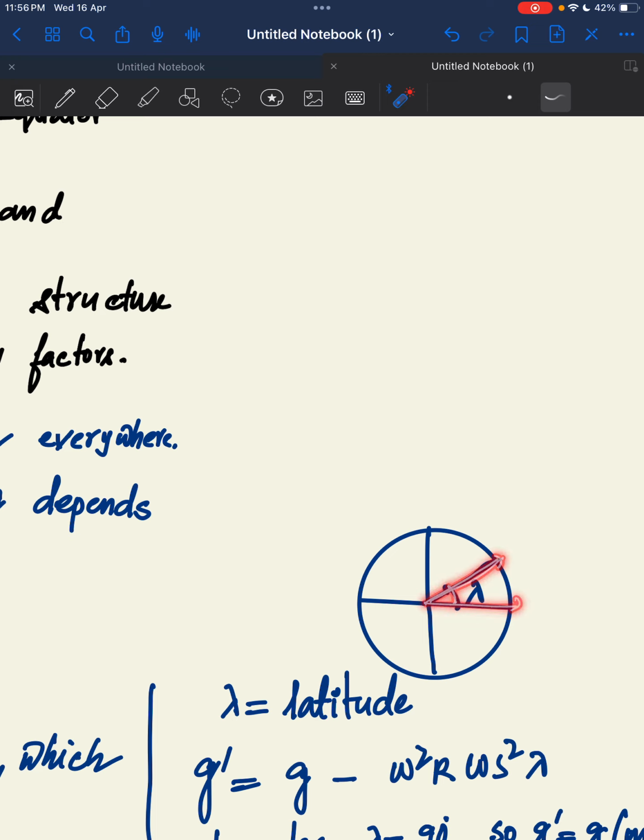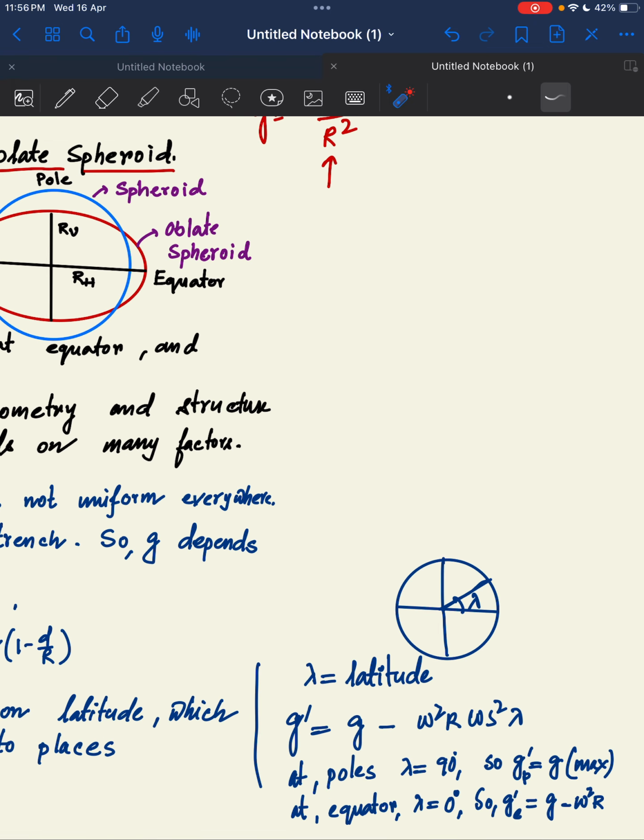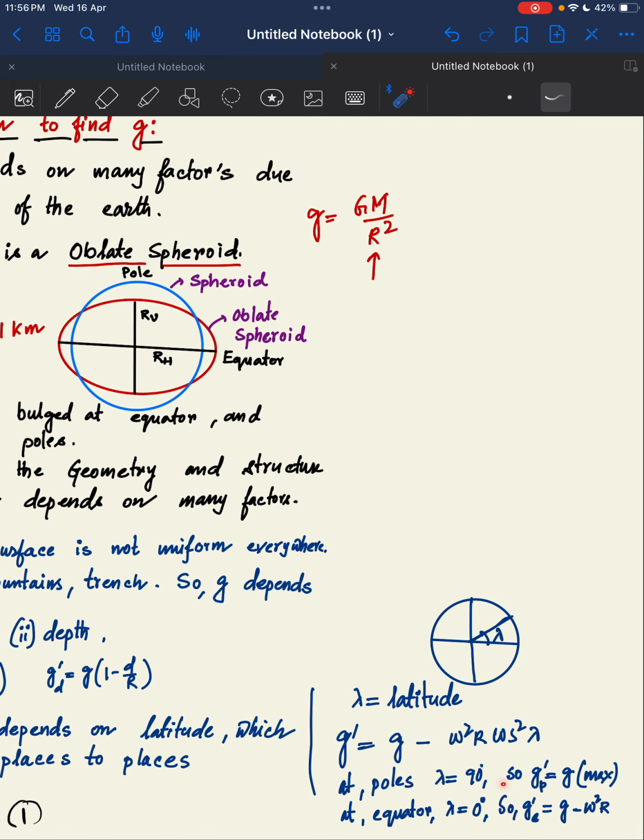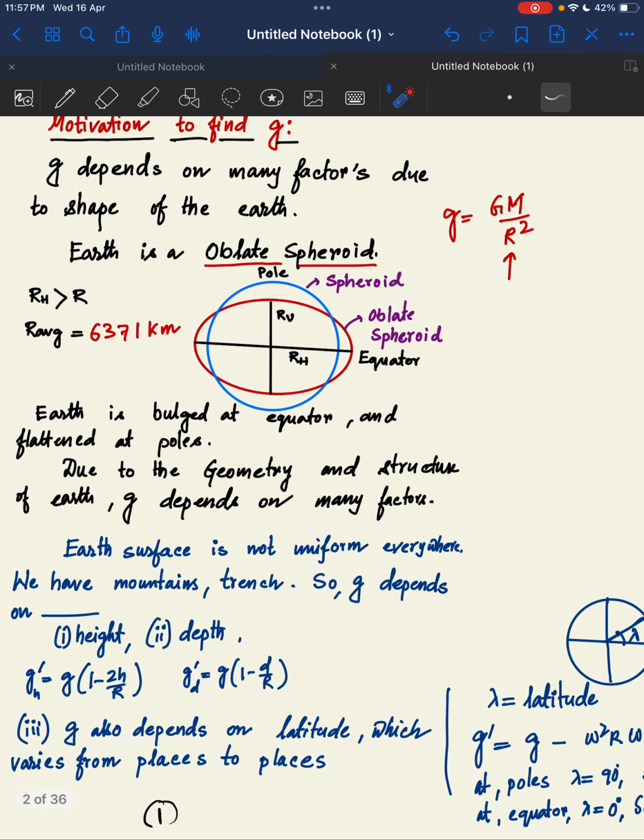If you draw the line connecting the place to the center, then you will find an angle lambda. So if you go to the pole, then your lambda is 90 degree. If you go to the equator, then it will be lambda equal to 0 degree. So g at the poles will be g maximum and g at the equator will be g minimum, that is g minus omega square r. So these are the few factors which g depends on.